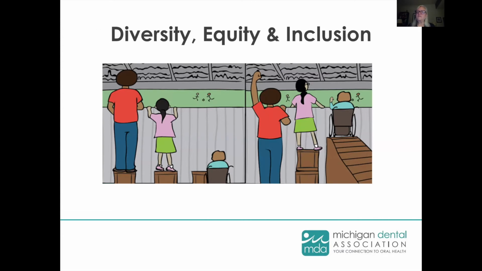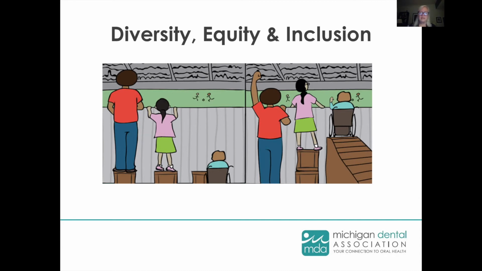A lot of people think of fairness as being treating everyone exactly the same. But you can see that if you treat everyone exactly the same, as in this picture on the left, you've got one tall person who has a great view of the soccer field, someone who has to stand on her tippy toes to see over the fence, and then you've got a person in a wheelchair, and that little podium that person is receiving is doing absolutely nothing for them.